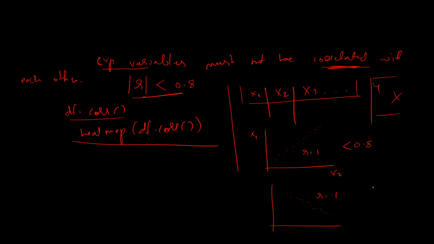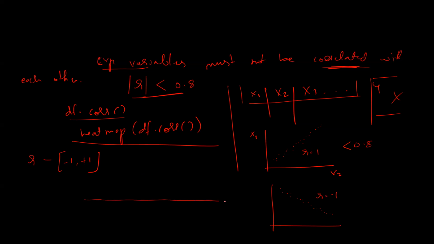So to have clarity, I put r in a mod and benchmark it: it should be less than 0.8. Correlation as a whole, R will be between -1 and +1, correct?